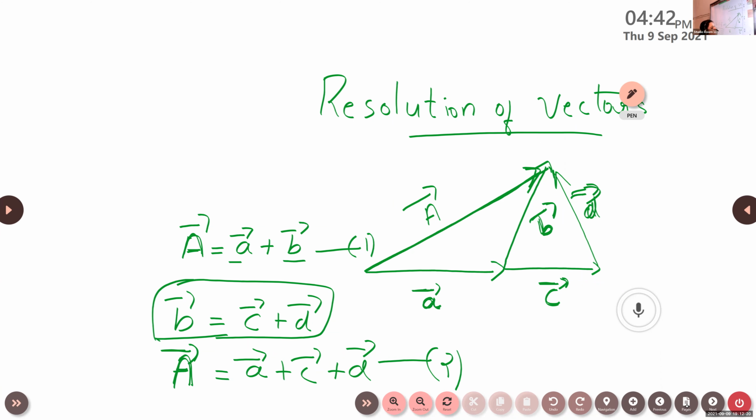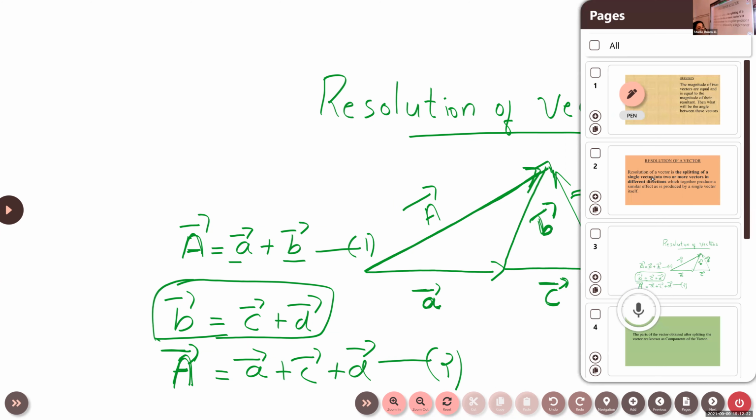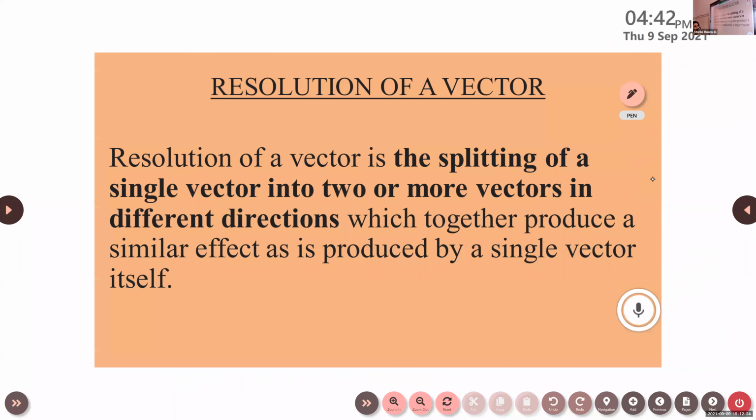So now we can see the definition for the resolution of vectors. What do you mean by resolution of a vector? Resolution of a vector is the splitting of a single vector into two or more vectors in different directions, which together produce a similar effect as is produced by the single vector itself.